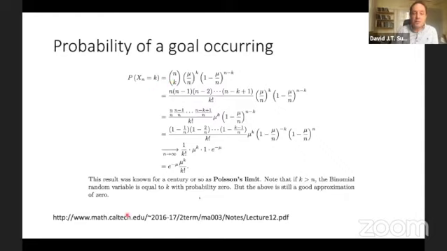I've stolen this from a Caltech math lecture, saved myself writing this out, but it's a very nice derivation of what's called Poisson's limit, or the law of small numbers, which goes from the binomial distribution here, this is exactly what we saw on the last page, to the Poisson distribution, which is shown here.